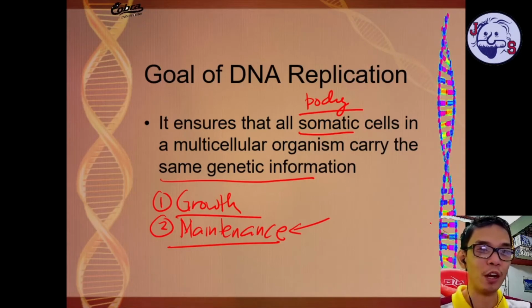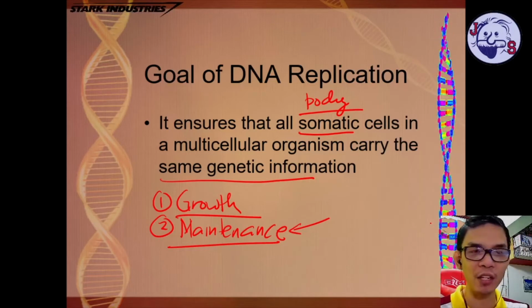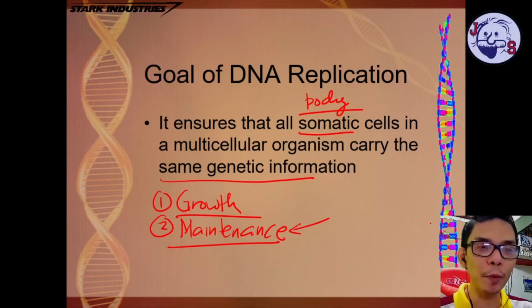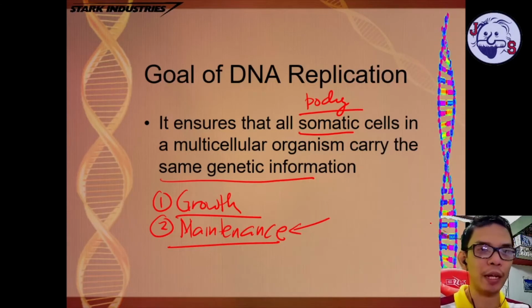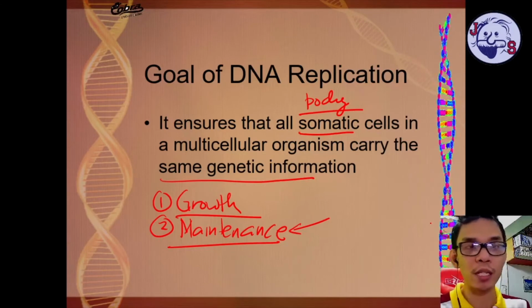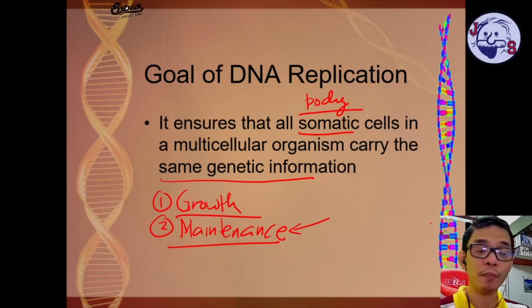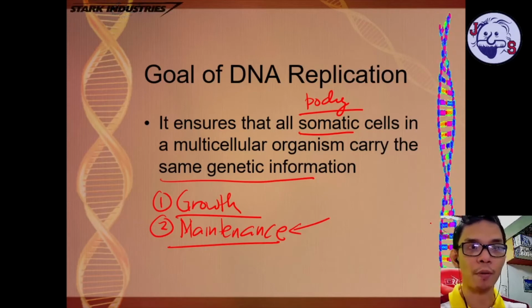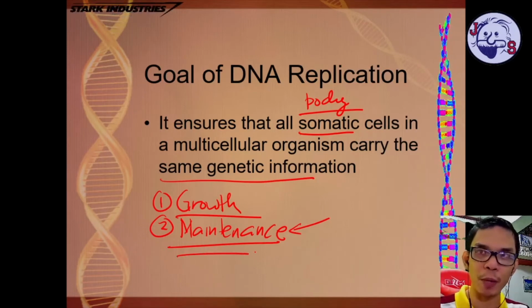It will look ridiculous, right? Those people who have vitiligo, that is a disease in which the coloration of the skin cells is different from the surrounding skin cells. That is an example of what will happen if DNA replication fails to do its job, especially during the maintenance process.